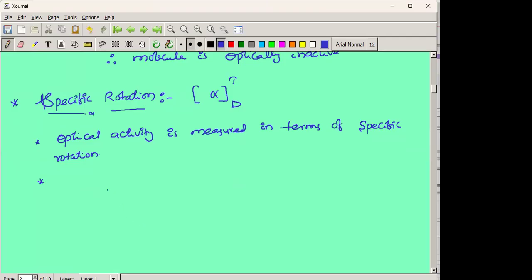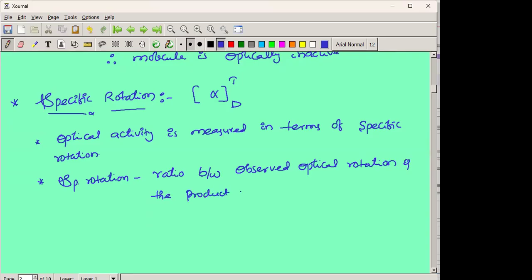Specific rotation is a ratio between the observed optical rotation and the product of the concentration of the solution and the length of the polarimeter tube.